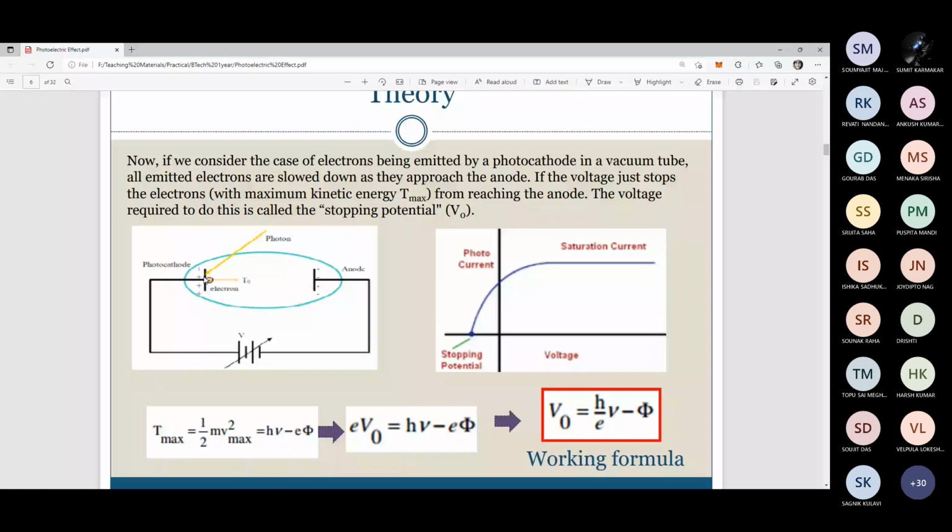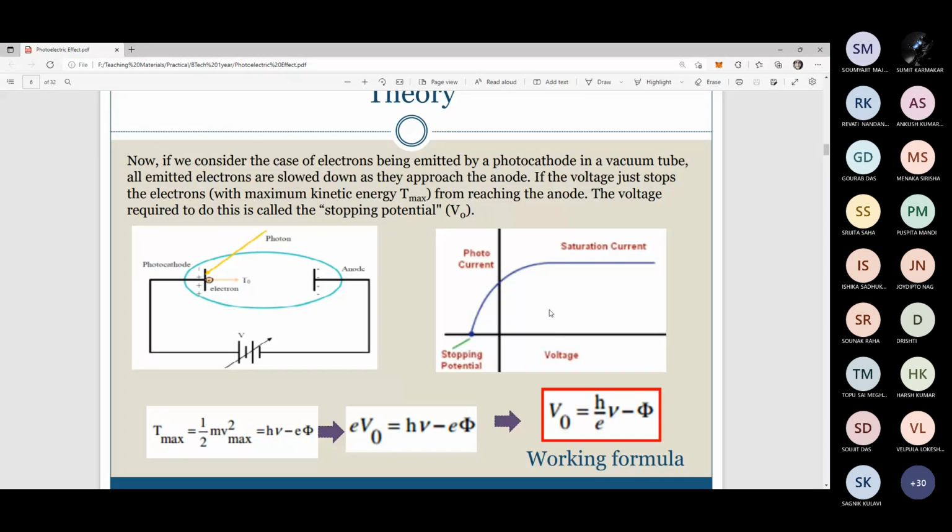Then it will knock out the electrons, and due to the potential difference, they will accelerate towards this electrode and be collected. Right? Now we are changing this voltage. Then the collection of electrons will increase. Suppose this voltage is low, then this is the number of electrons collected.